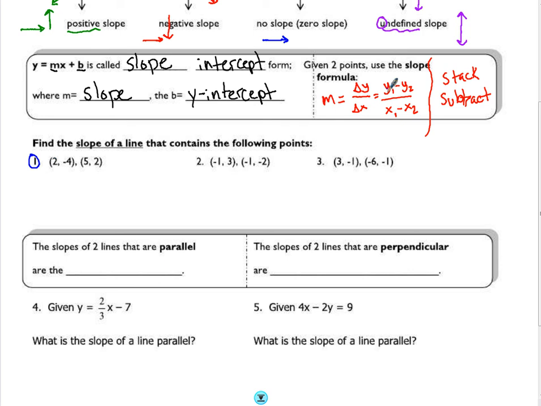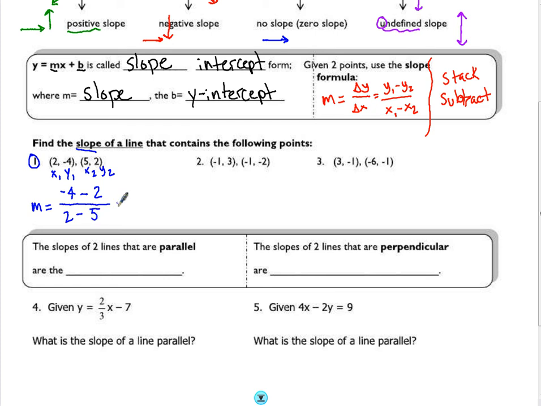To find the slope of the line between those two points, I'm going to label x1, y1, x2, y2, and my slope, m, is equal to the quotient of y1 minus y2 all over x1 minus x2.